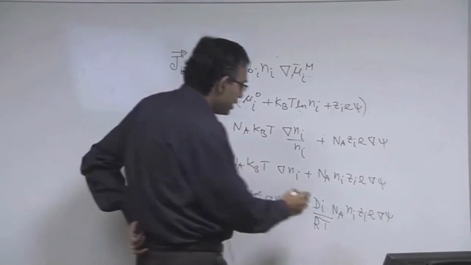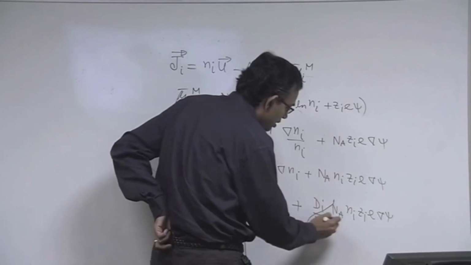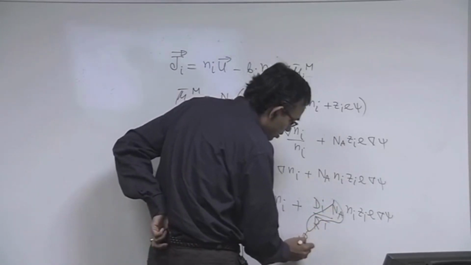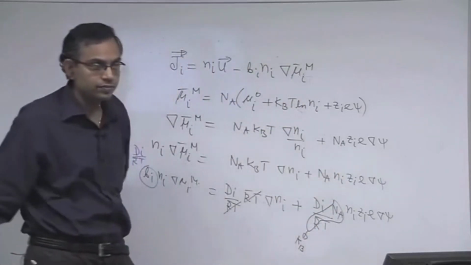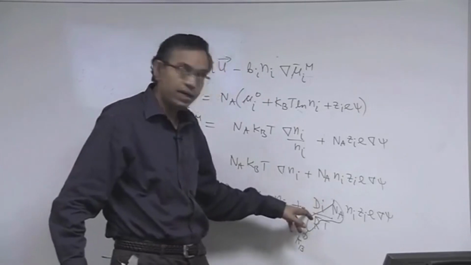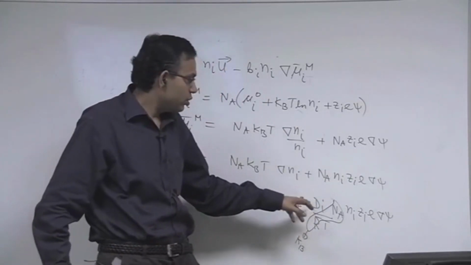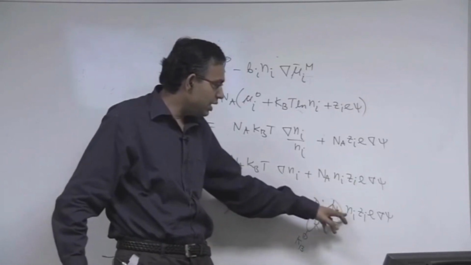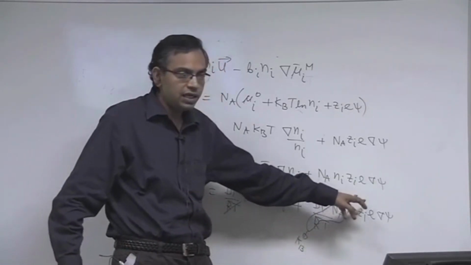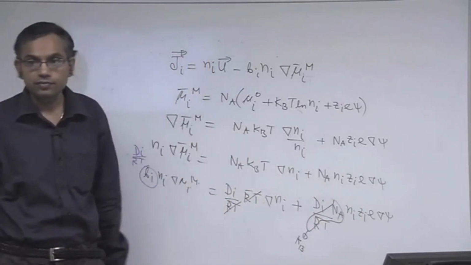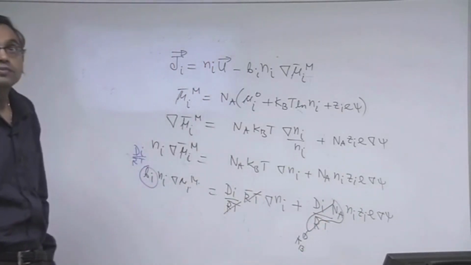So you can write now this expression: R by N_A is kB, so this becomes 1 by kB. Okay. So you have the electromigration given by D_i N_i z_i e grad psi by kB T. Okay.